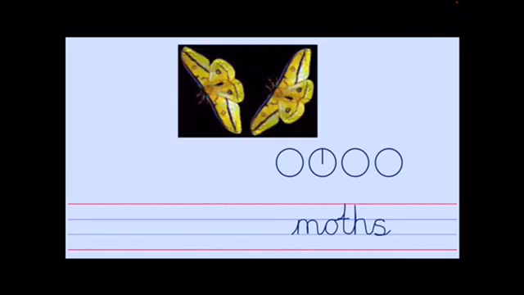Now, the moths have moved over because we're going to have another word that looks like moth, but we have a different sound. Both moths. B, O. There's a long vowel sound. And then th.